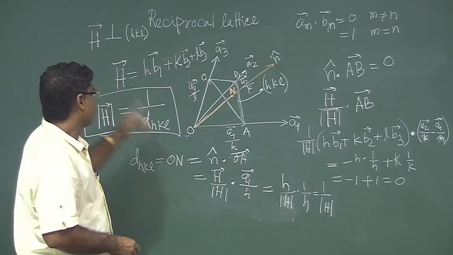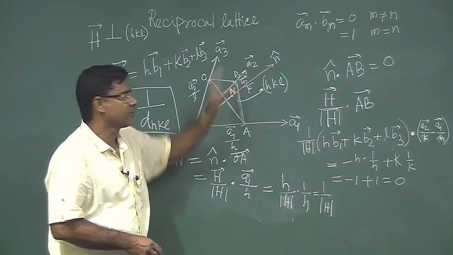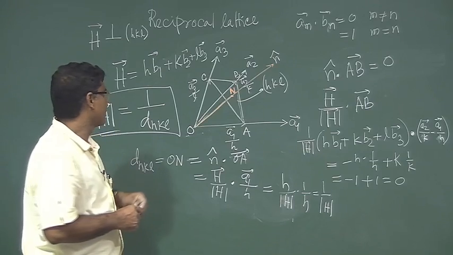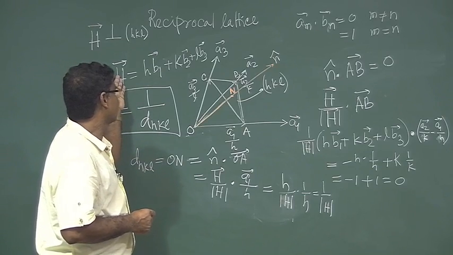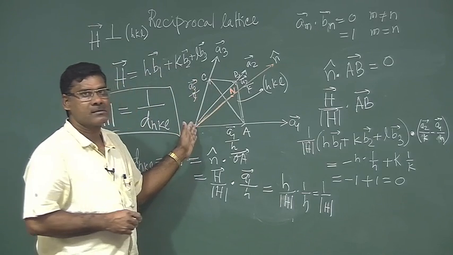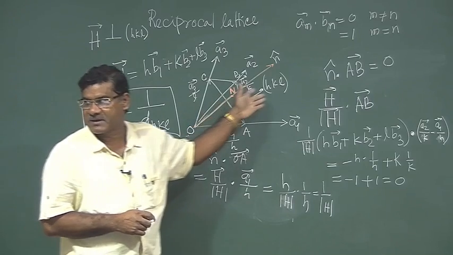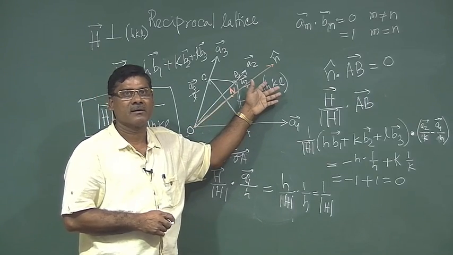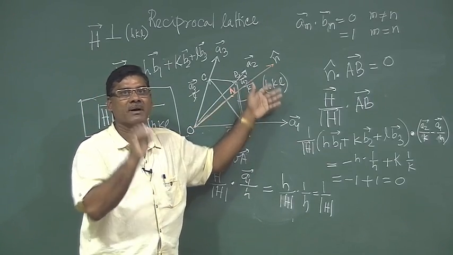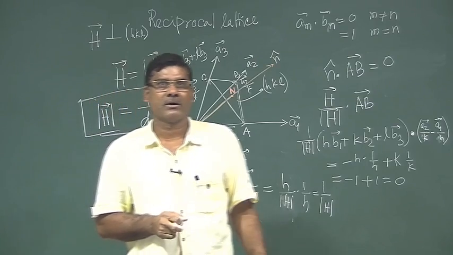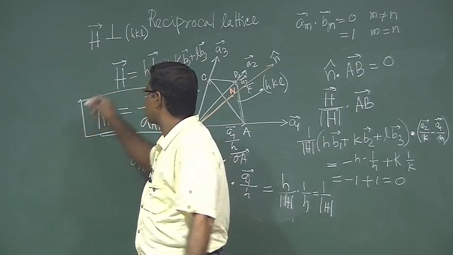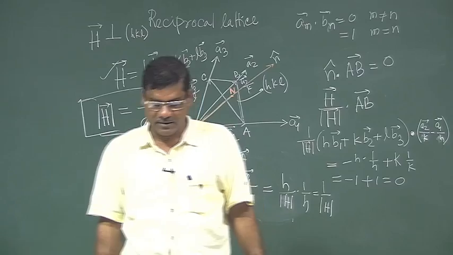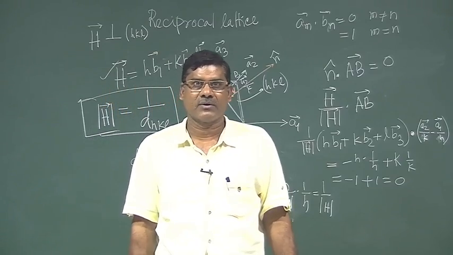And if I draw this vector from the origin, the coordinate of the end of the vector will be HKL. So all this information is contained in this. So, I will stop here. Thank you for your kind attention.